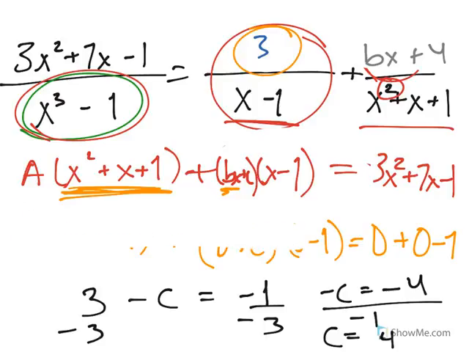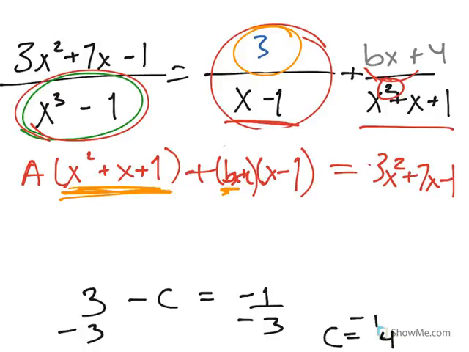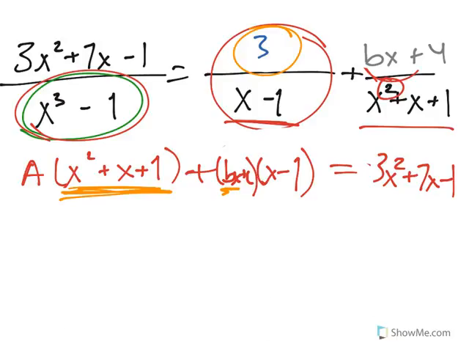So now we want to find lowercase b. To find lowercase b, which is the coefficient of x right here, we just find another x which is not 0, so that this doesn't become 0. Let's choose, for example, 2.